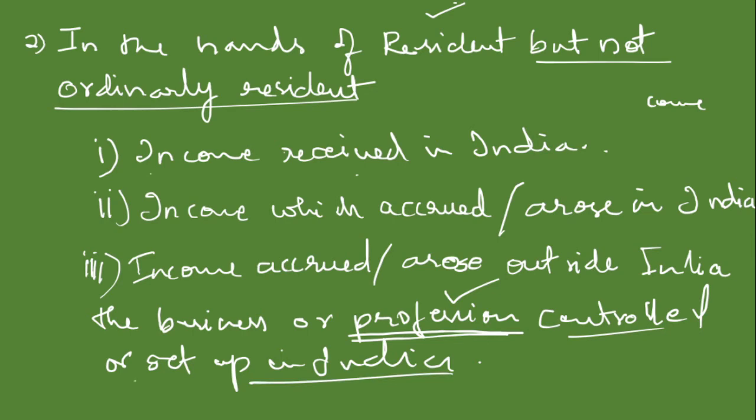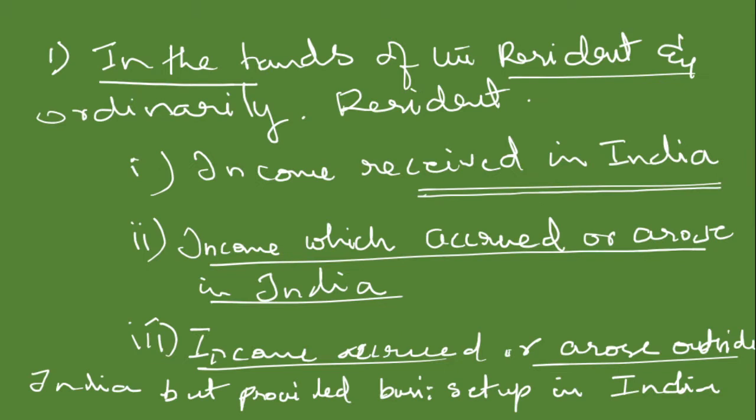So the permanent resident is bound by all the things, because he is a permanent resident in India and he is traveling somewhere. The same things will be applicable for an ordinarily resident also.